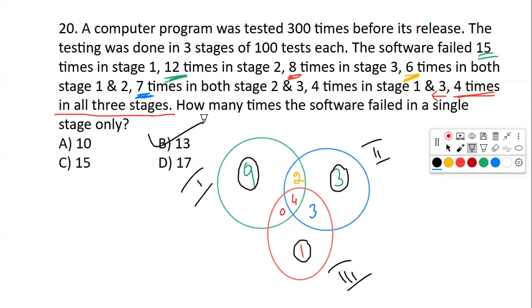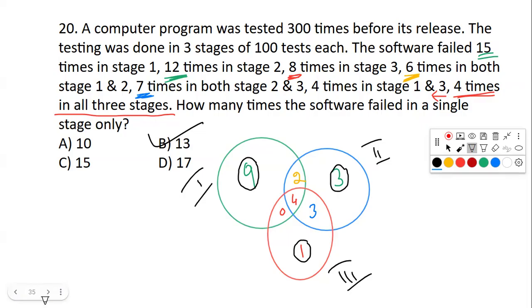Mark wherever all the 3 stages intersect. Then deal individually: 1 and 3, then 2 and 3, then 1 and 2, and finally individual. Even though the question is big, you can still answer it in 1.5 minutes.